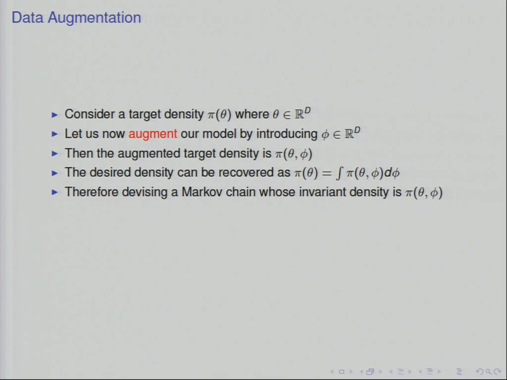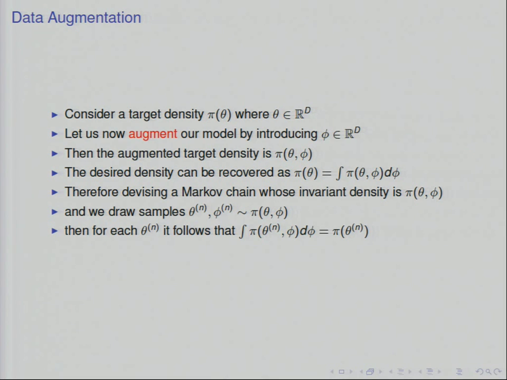So, if we develop a Markov chain whose invariant distribution is this one here, and we draw samples theta n and phi n from that invariant distribution, if we throw away all the phi n's, and we might as well because they're auxiliary to the model, they're of no use to us, at this stage, then what's the distribution for each of the theta n's?